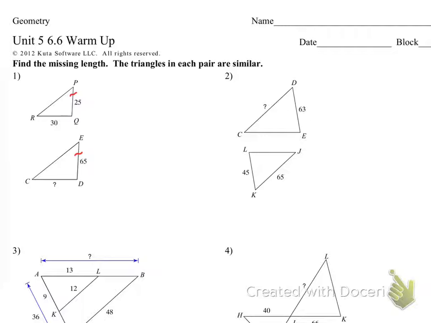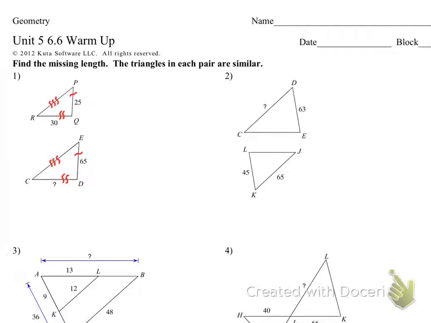And what do we name that side? RQ. And that means for the bottom one, it's going to be what? CD. And therefore, the longest are going to be RP and CE. We don't really care as much about these because there's no information. So it's important to identify which one's your shortest, your medium length, and your longest length.